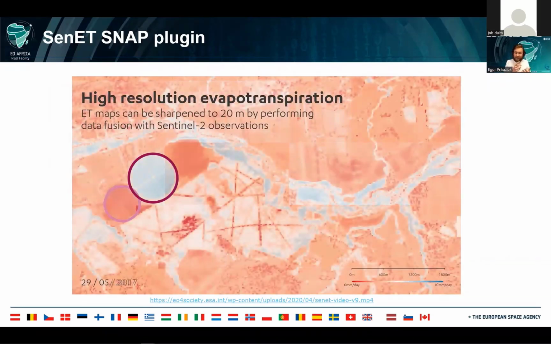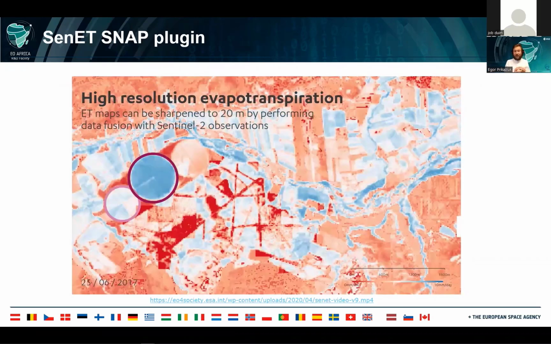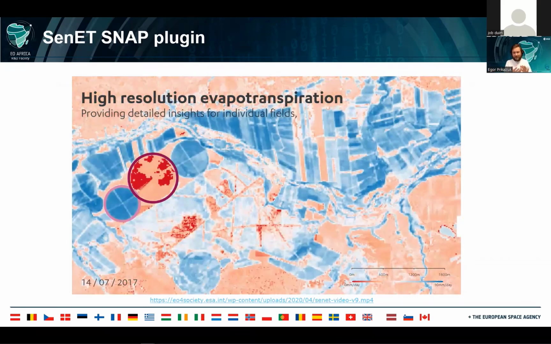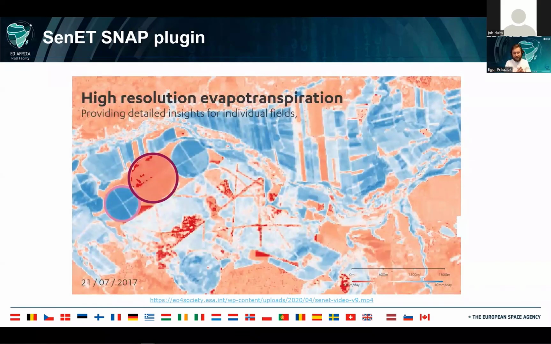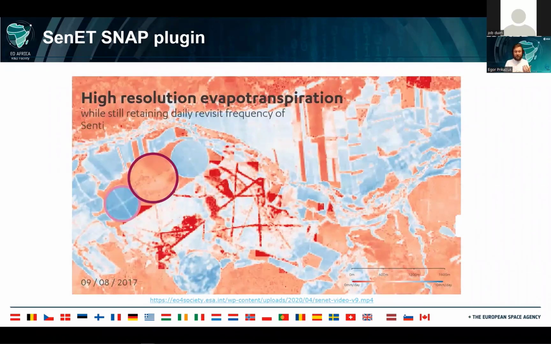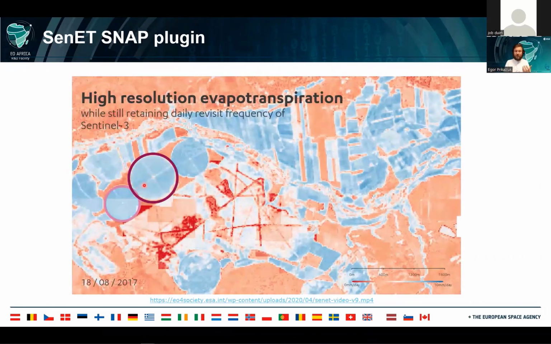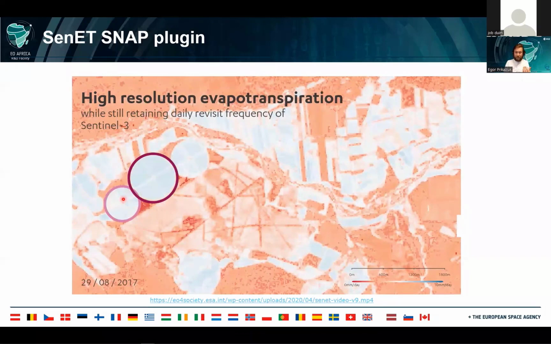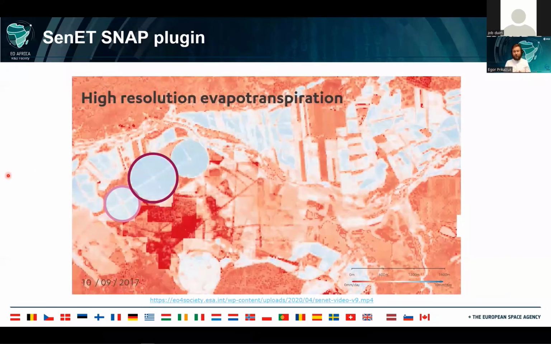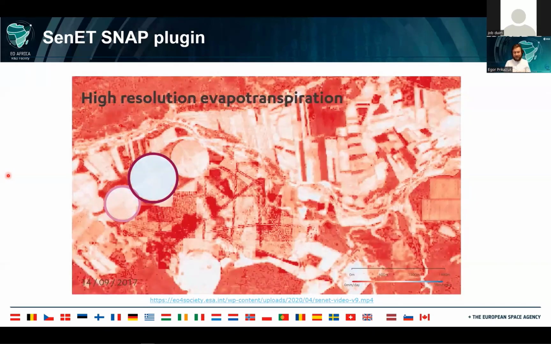But if you look at Sentinel-2 observations and do what is called sharpening, you decompose the temperature between different pixels, then you can clearly visualize different patterns between those two fields. That is high-resolution evapotranspiration with the Sen-ET plugin.